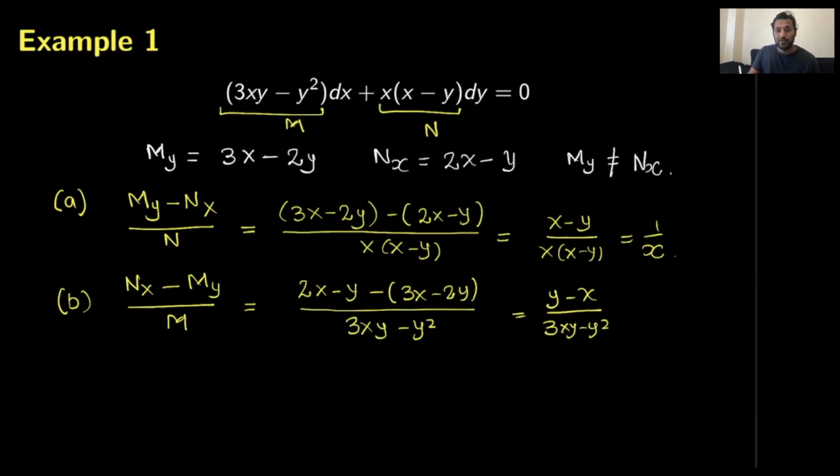So this cannot be written as a function of y. This is clearly not a function of y. So it means we will use the first one because it's a function of x.